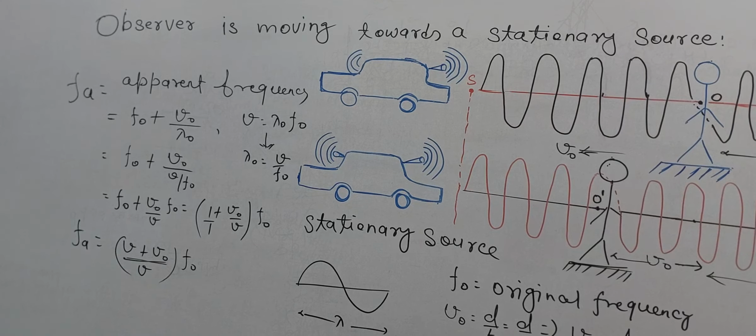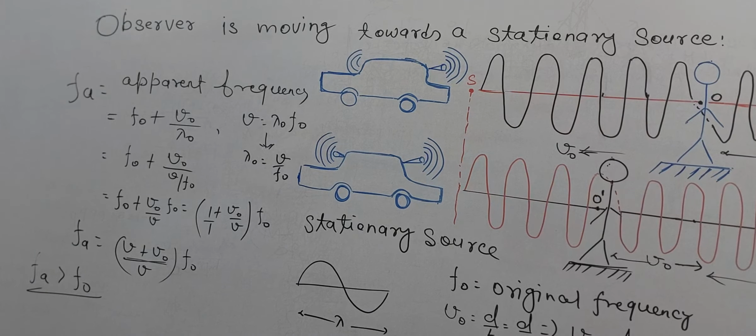Since the numerator is more than the denominator, with V in the denominator and V plus v0 in the numerator, the factor multiplying f0 is more than 1. So from here we say that f apparent is greater than the original frequency.